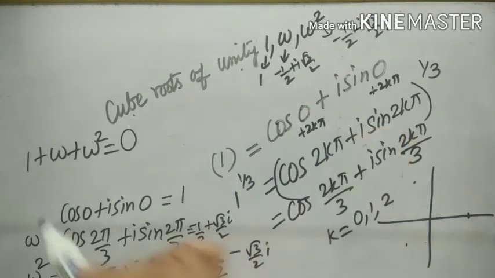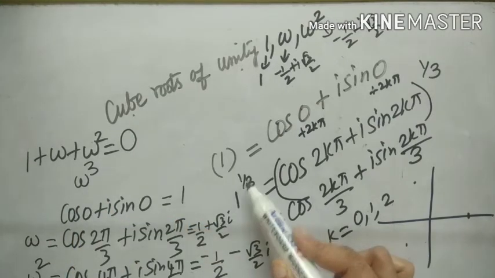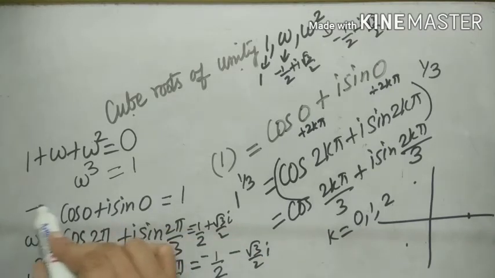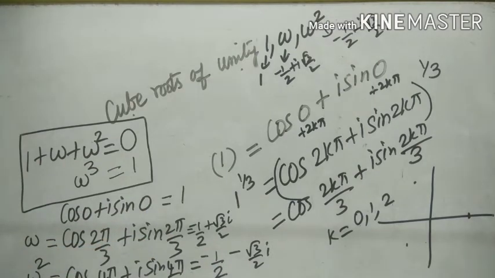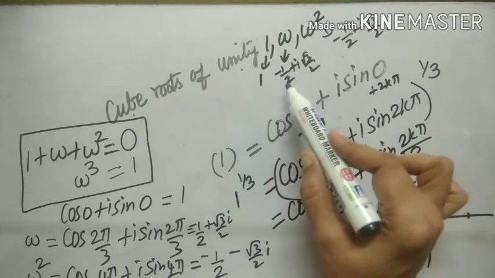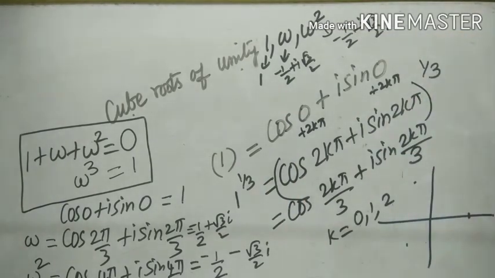Also, because it is a cube root, 1 power 1 by 3 is omega, which means omega cube is equal to 1. These are two famous results that we often use in problems dealing with cube roots of unity. For objective type, remember cube roots form an equilateral triangle with the vertices on a unit circle, and we must remember the values 1, minus half plus i root 3 by 2, and minus half minus i root 3 by 2.